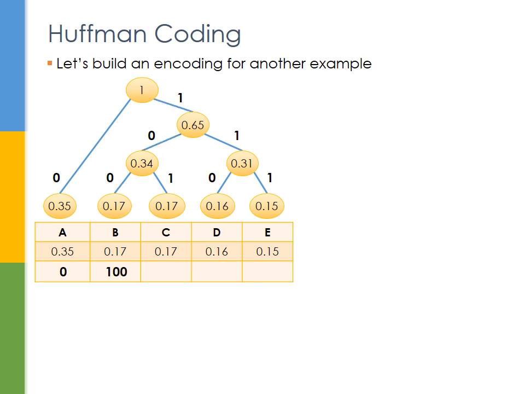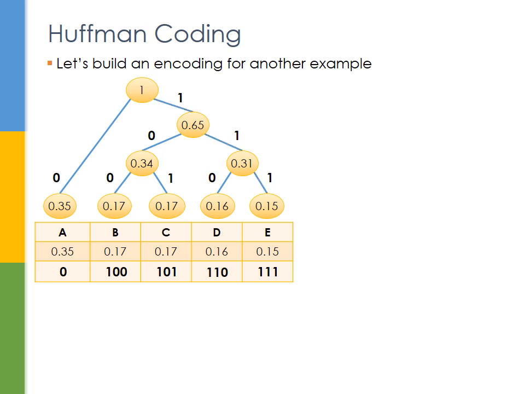And then for C, starting again at the root, we get an encoding of 1, 0, 1. And for D, again starting at the root, 1, 1, 0. And finally, for symbol E, we get an encoding of 1, 1, 1.